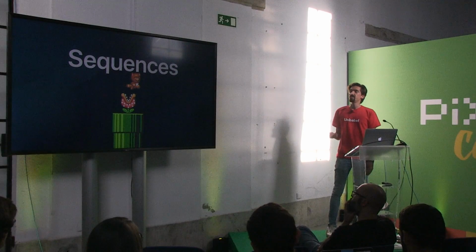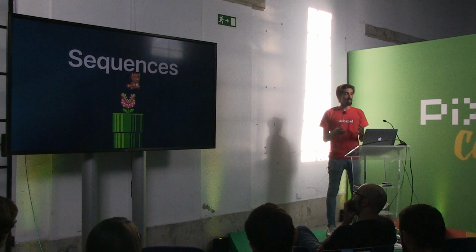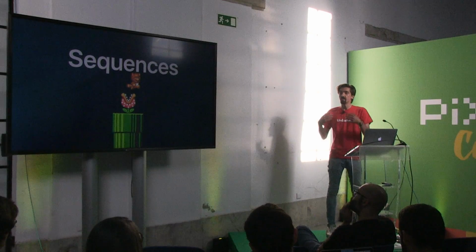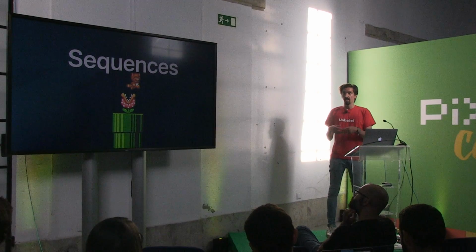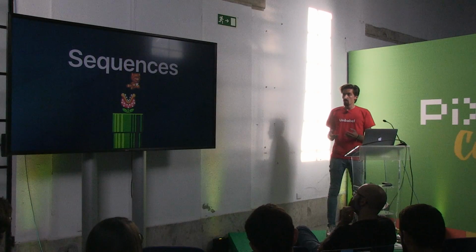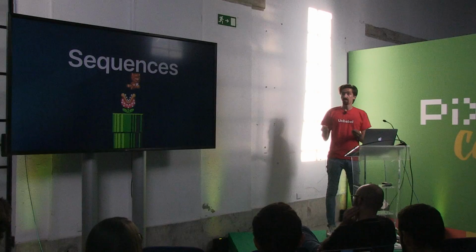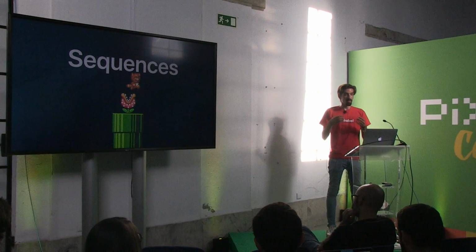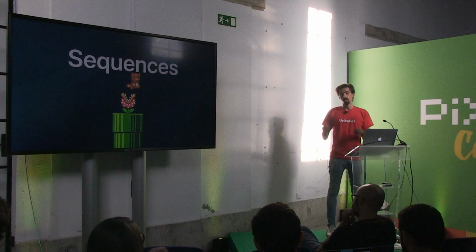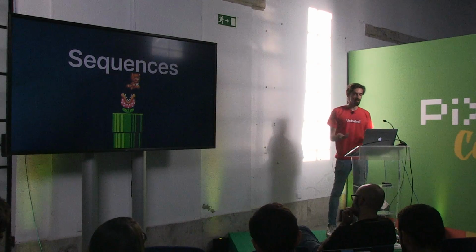Another great thing about sequences is that they abstract the type of content inside. It doesn't really care. So again, with the pipe example, the pipe doesn't care if it's the plant or Mario going in. The behavior will always be the same. Go in and it will go out the other end.